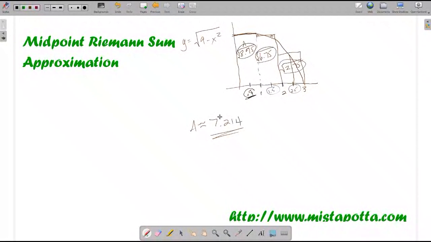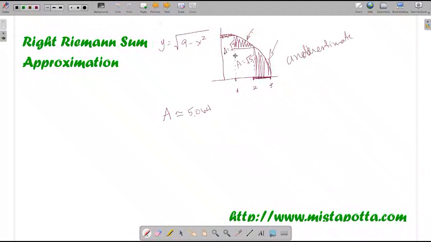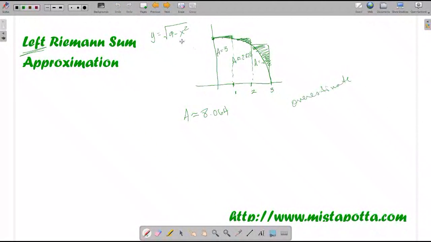In the previous problems, I was taking the square root of integers, the square root of 8 and the square root of 5. Or in the case of our left Riemann sum, the square root of 9, the square root of 8, the square root of 5.